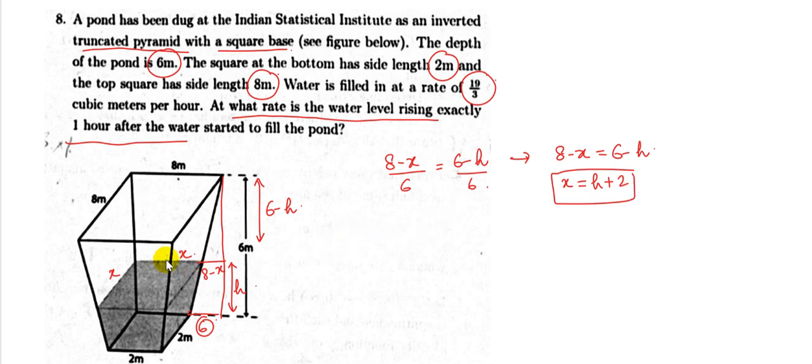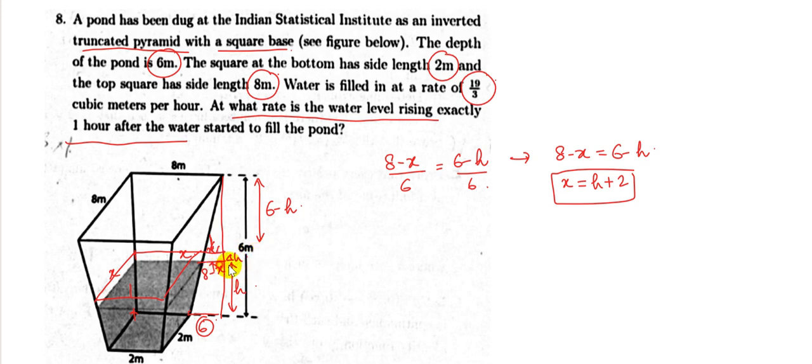Now we have to take a very small cross section of the water level, and the thickness of this cross section is delta h.